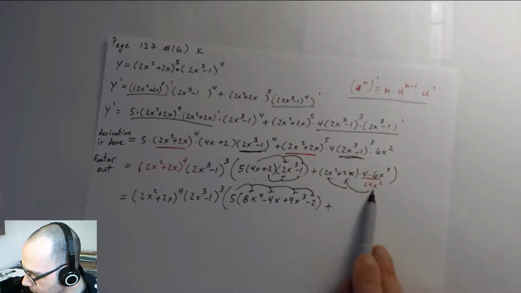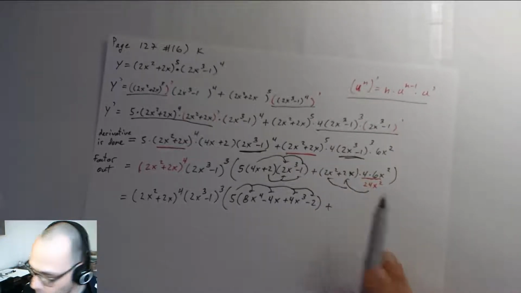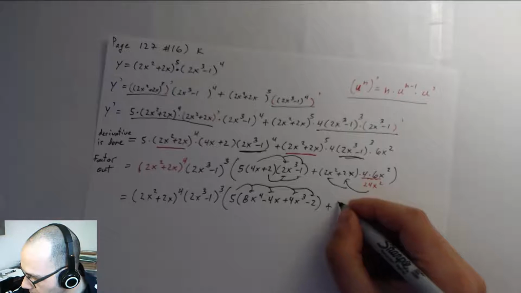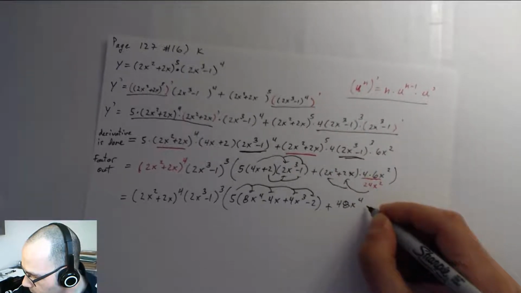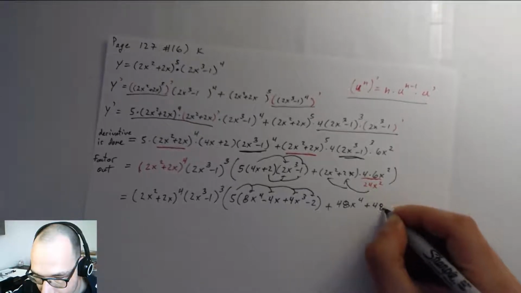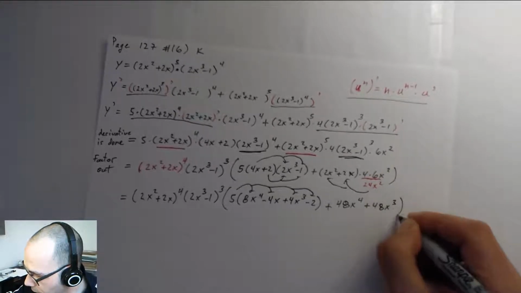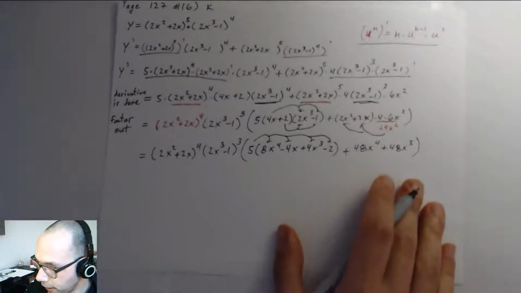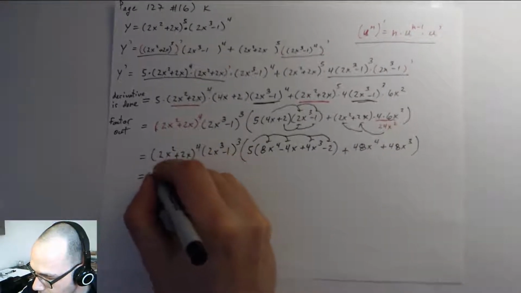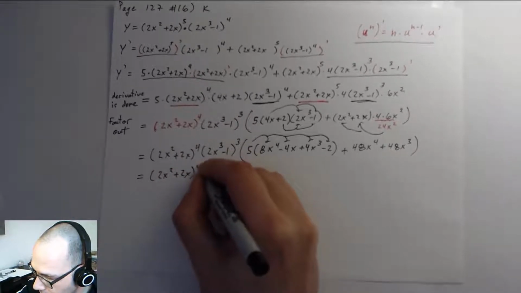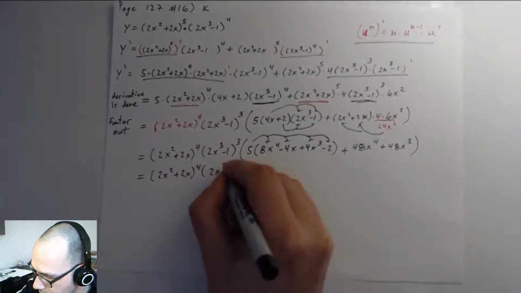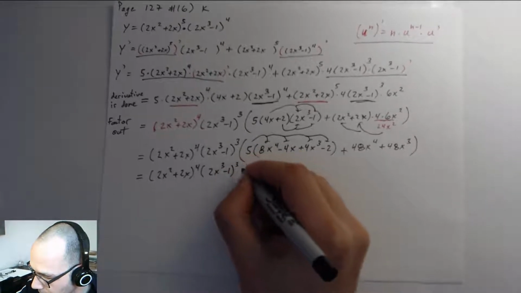Plus here I expanded, I multiplied 24 by 2. It's going to be 48x to the power of 4 plus 48x to the power of 3. Then I'm going to have this. It's going to be equal to (2x squared plus 2x) all of that to the power of 4, (2x cubed minus 1) to the power of 4.